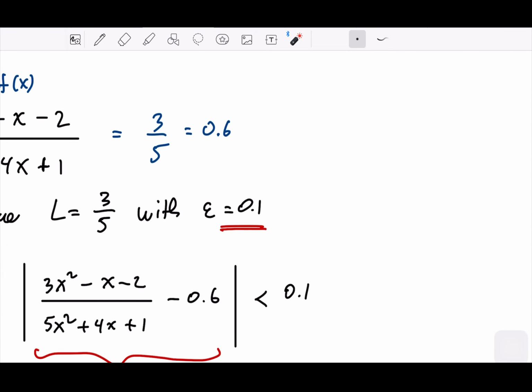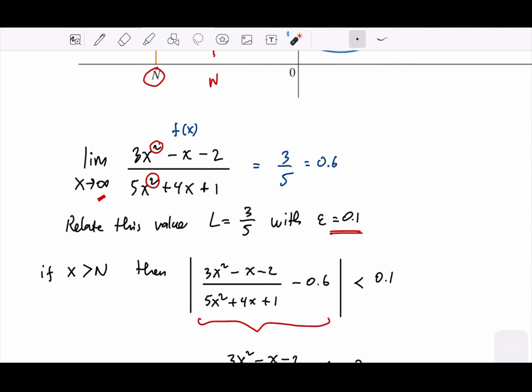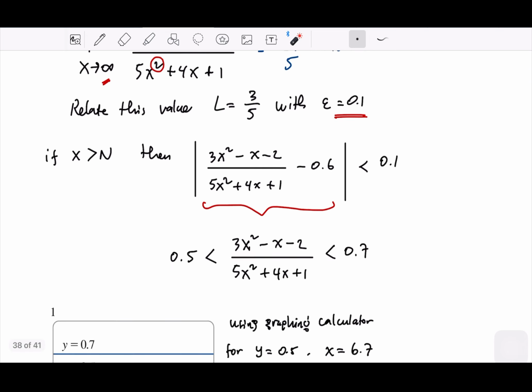We can start by assuming that epsilon is really small, maybe 0.1, maybe 0.01. It's up to you, just to set up with something. It also depends on some conditions. As long as we can fit the conditions and we get this inequality, then we can find which value is in between 0.5 and 0.7.